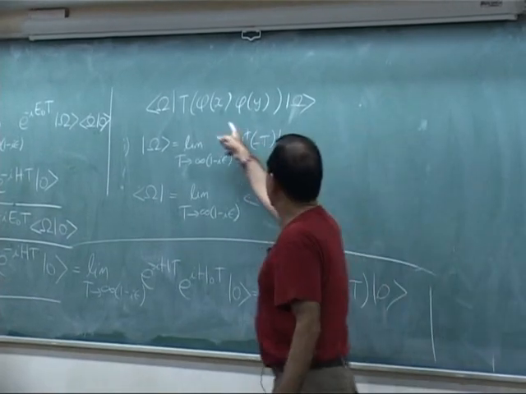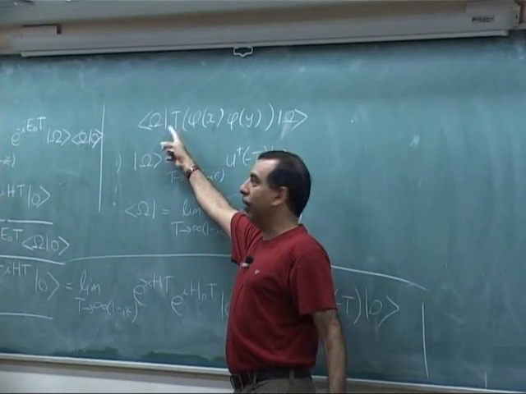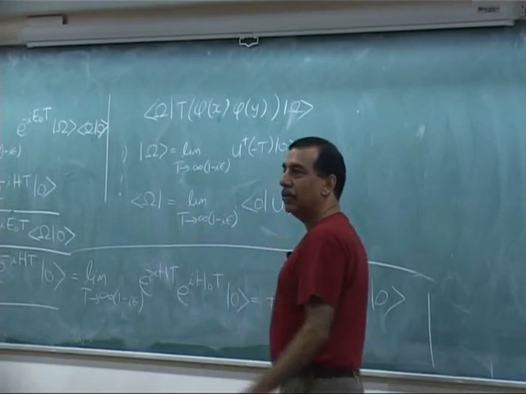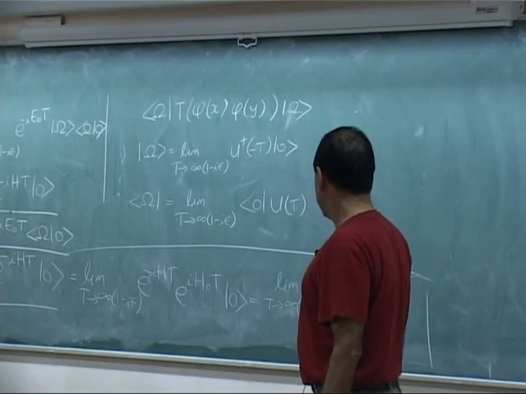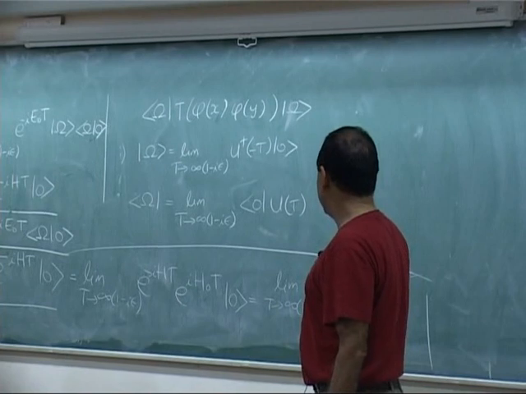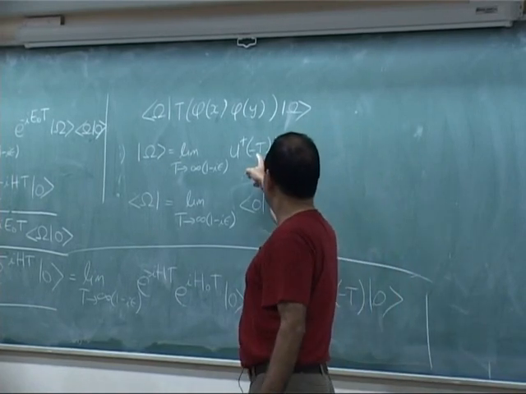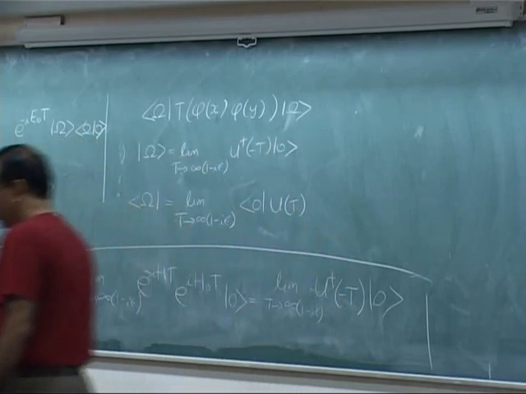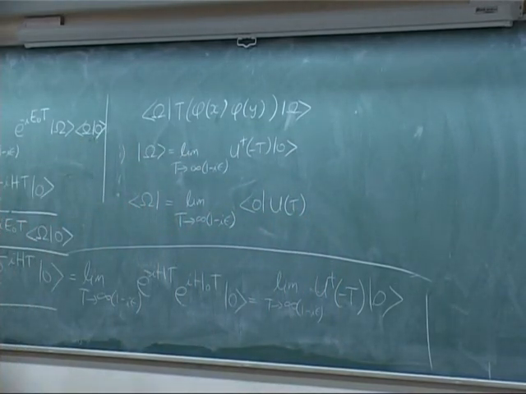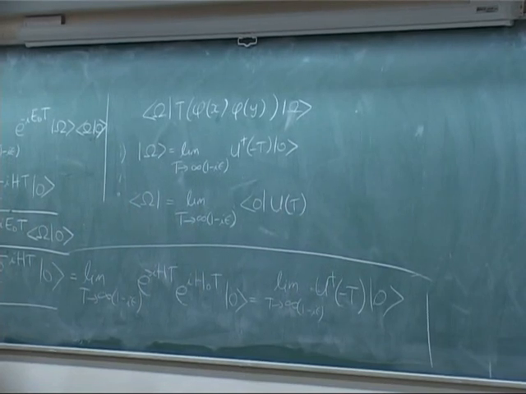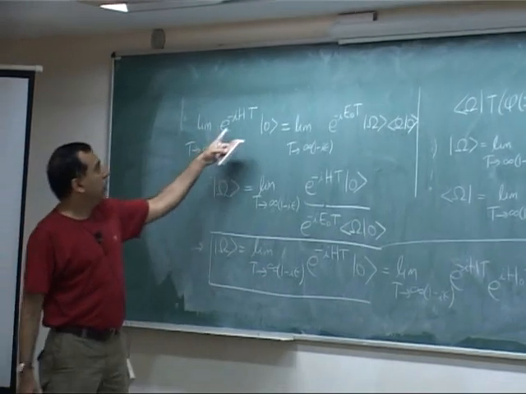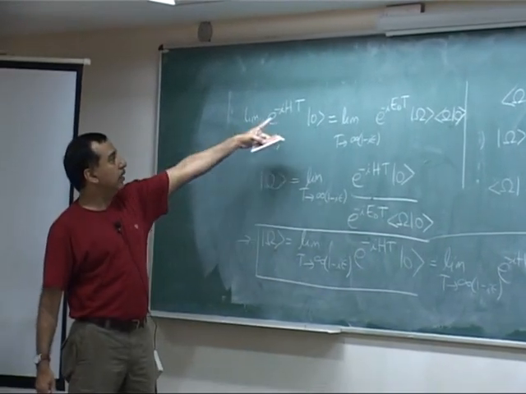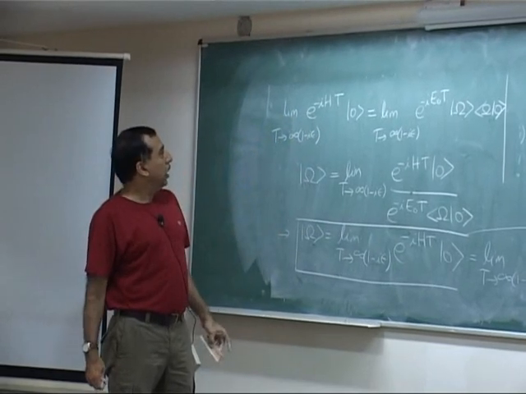Now, in order not to keep this time ordering symbol all the time, let's choose a particular ordering. No, it's U of T. That's very important. He's saying if I just take the dagger, U dagger of this is U of T, but somehow it's not. I think what we need to do is start from the first equation, take the dagger of this equation, and then take the limit.